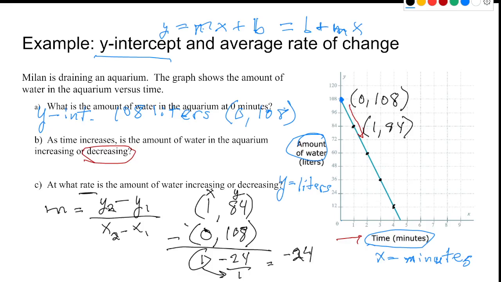Now the negative means we are decreasing. Oftentimes in the answer they will ask you whether it's increasing or decreasing. If you say it's decreasing, then you list the rate as positive 24, because the negative means decreasing, which you've already given that piece of information.